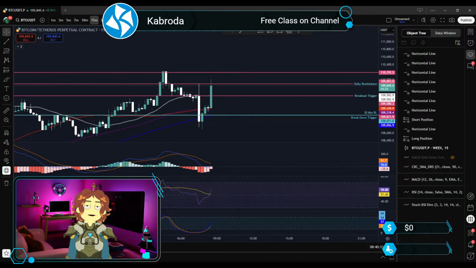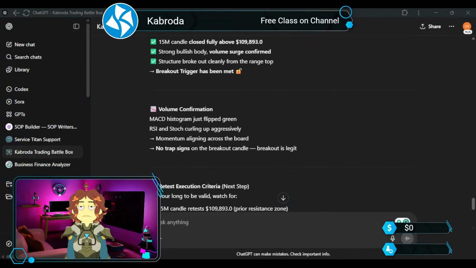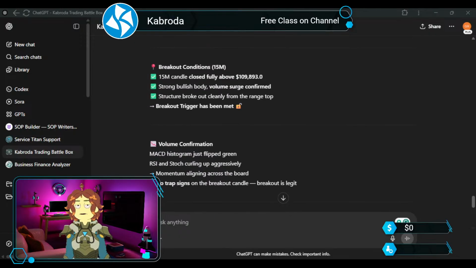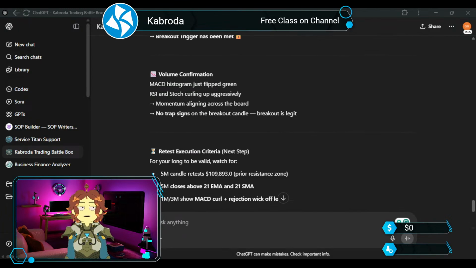All right, just quick thing. Okay, go back to ChatGPT, back to Echo, see what he's saying. All right, so basically he said we've met our breakout trigger as long as it closes above the daily resistance there. MACD's histogram flipped green.